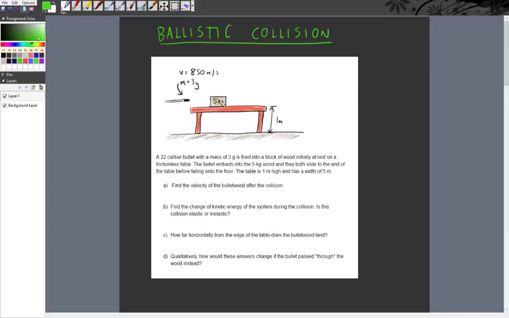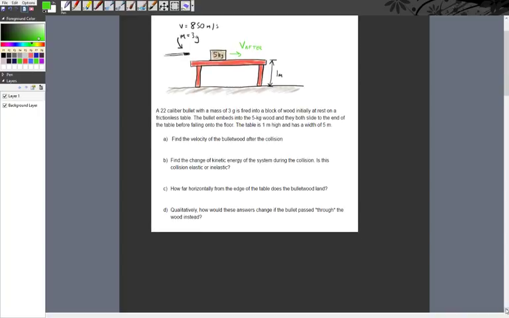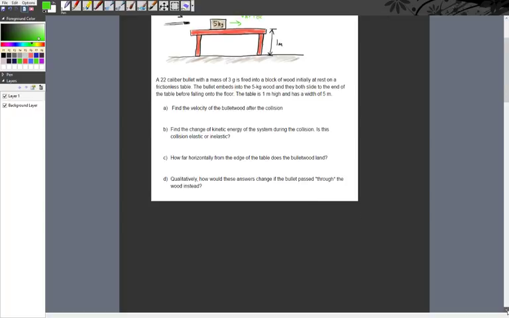The bullet and the wood have combined together after the collision. They're both going to be sliding off to the right with a certain velocity. We're going to call this V after. We're just going to jump right in. This is a typical collision problem, so we know momentum is conserved.